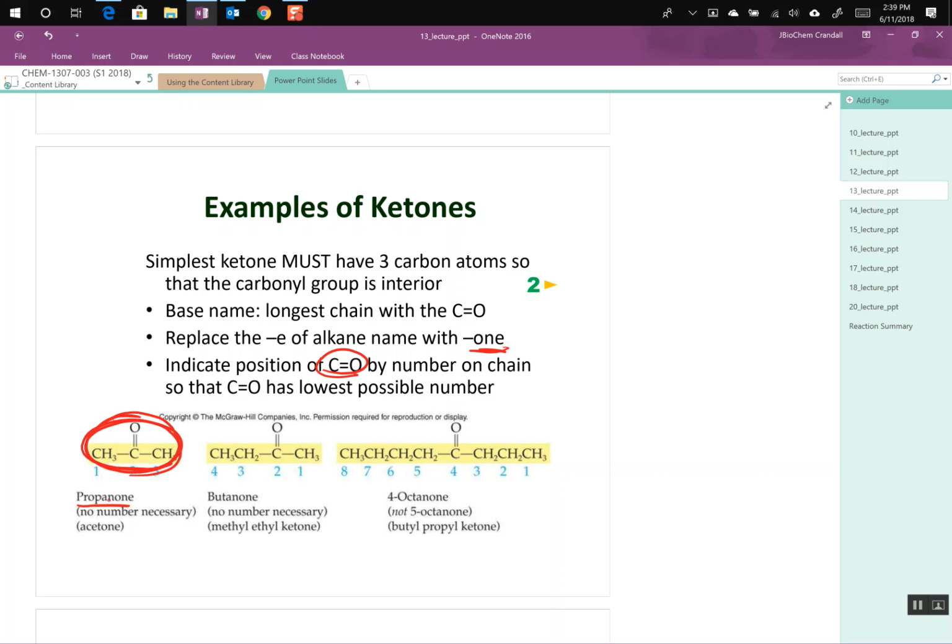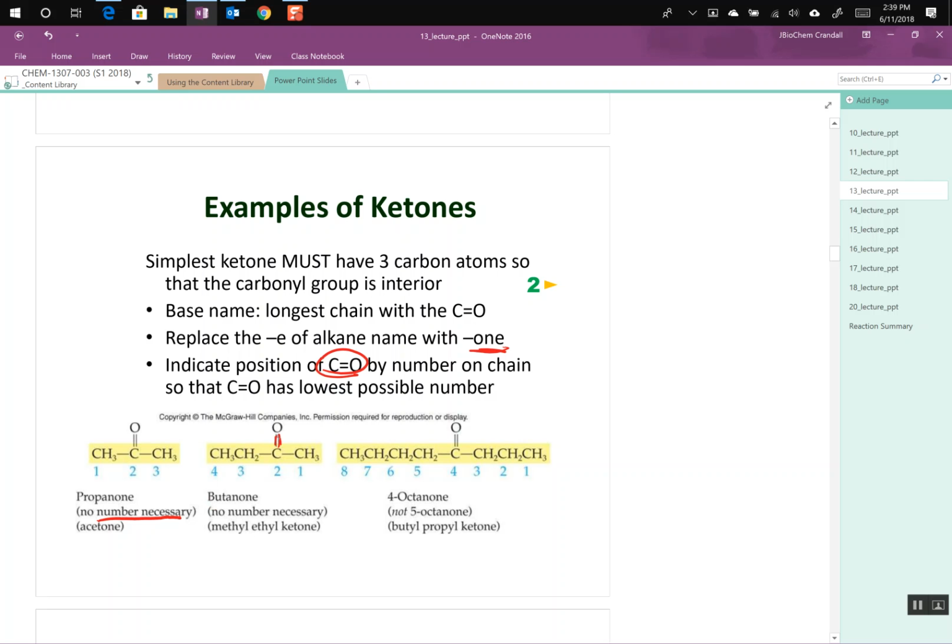Now with this first example, propanone, I did not have to specify 2-propanone. There is only one possibility if it's propanone. It's right in the middle. So no number necessary there. For 4 carbons, it's still the same thing. Sorry, for 5 or more, you do.